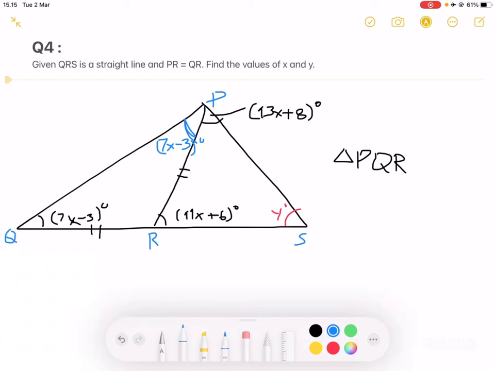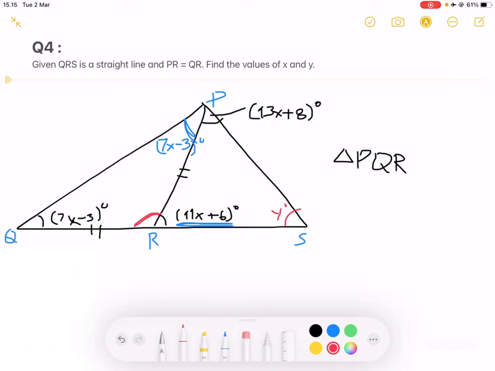So in this case, we're just going to do exactly that. So secondly, since this angle is 11x minus 6, this angle right here must be 180 degrees minus (11x minus 6) degrees.